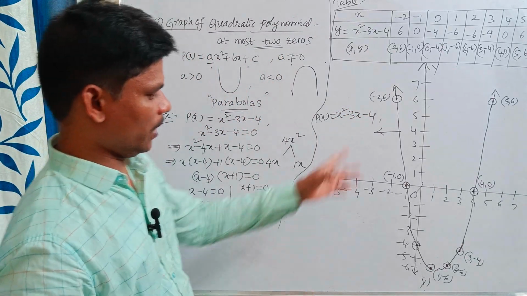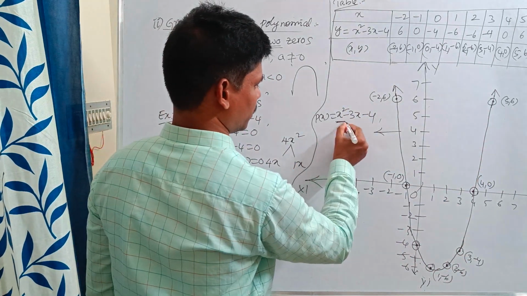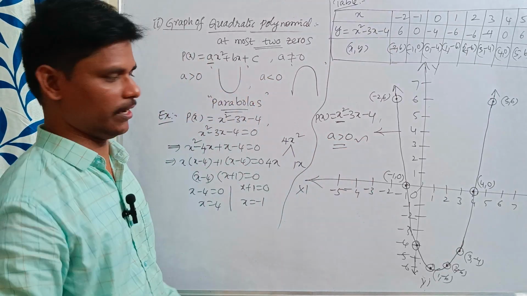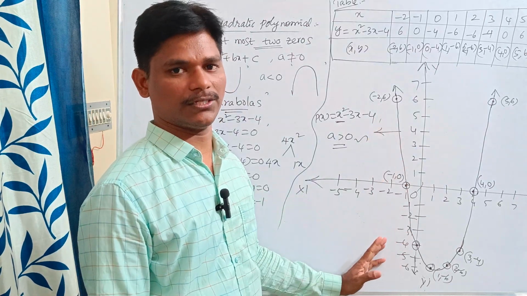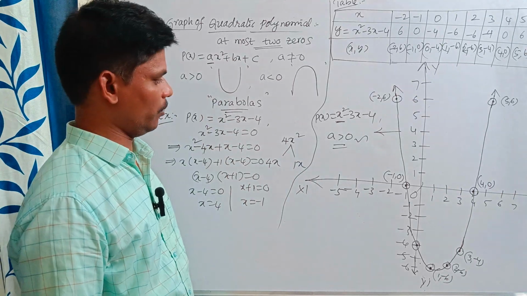So this is a parabola opening in the upward direction. Here the coefficient of x square, the a value, is greater than 0. That's why the graph of the quadratic polynomial opens upwards. Okay, this is about the graph of a quadratic polynomial.